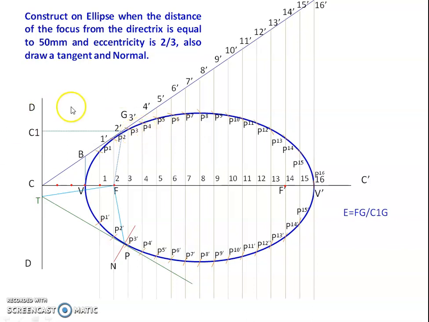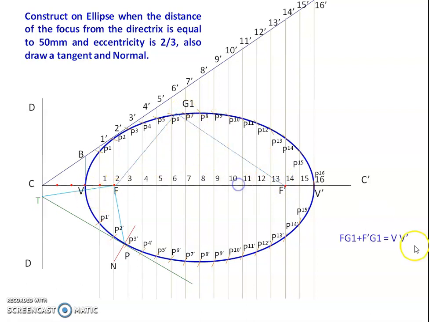Or otherwise, another method to check: draw a line from F dash to the curve, a line meeting on the curve anywhere, and similarly take F and draw another line to the same point. Name that point G1. The distance FG1 plus F dash G1 should be equal to VV dash.